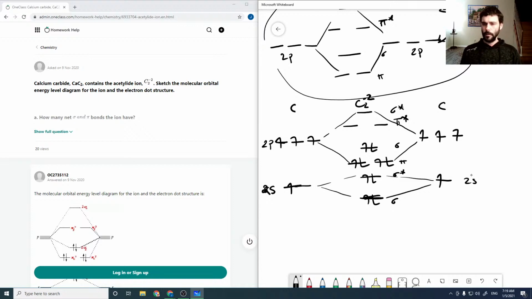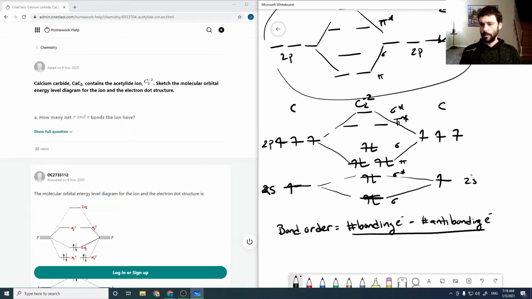Okay, so we can see that if we do the bond order out, our bond order is our number of bonding electrons minus our number of antibonding electrons, all over 2.